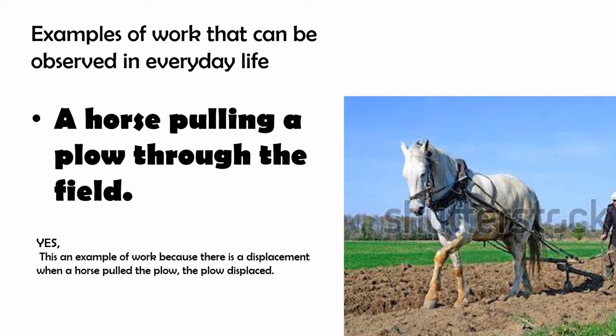Work is done because there is a displacement. The moment the horse pulled the plow, the plow was displaced. So, again, this is an example that work is done in this situation.